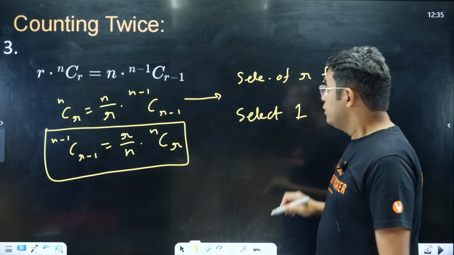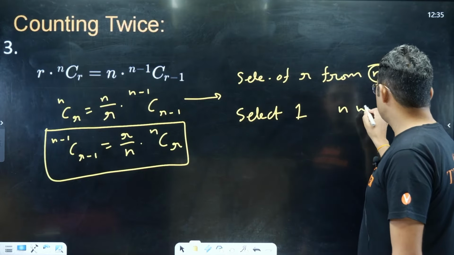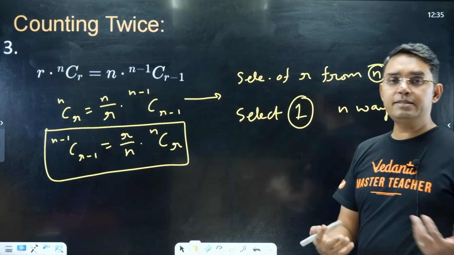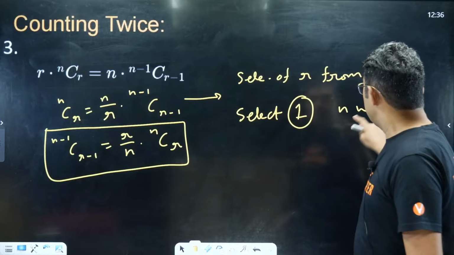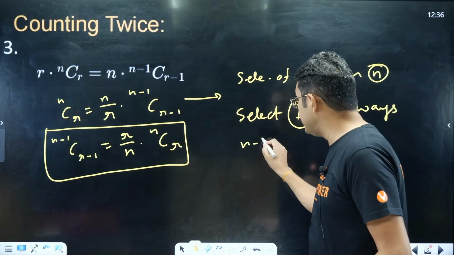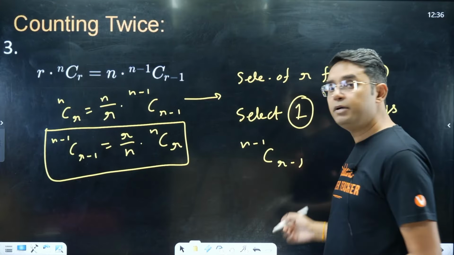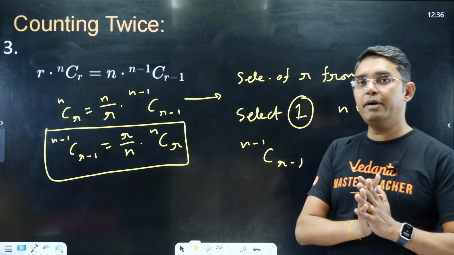If you have to select 1 from n, I think it will be n ways. And then when one person is selected, there will be remaining n minus 1 people, and from those I will be selecting r minus 1 persons. That is done in n minus 1 CR minus 1 ways.